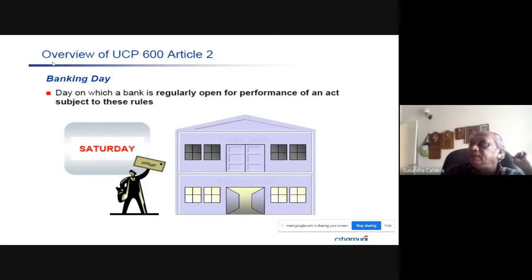Now tell me something. Sampath Bank, NDB Bank, who else? They are having 24 hours, 7 days branches. They are open Saturday and Sunday.